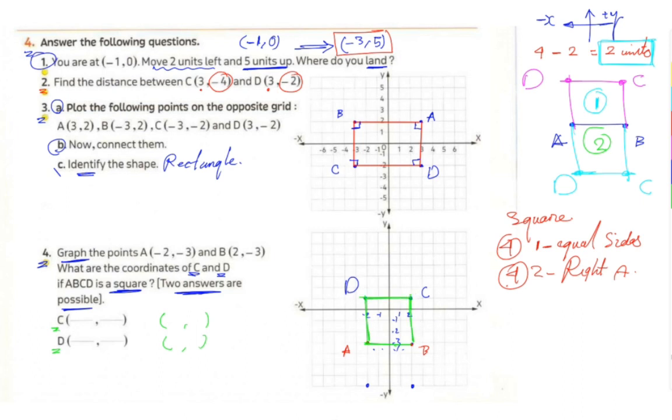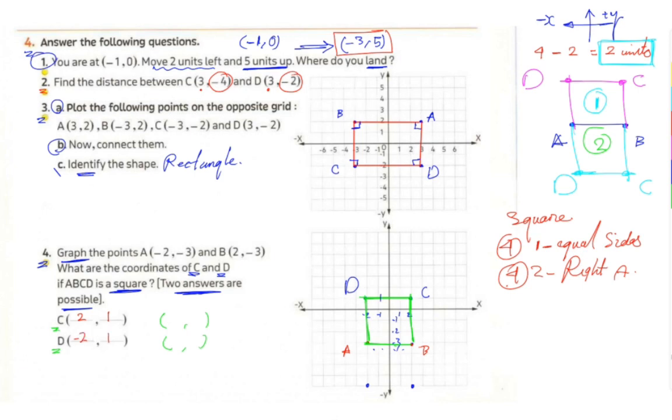What are the coordinates here? We have 1 on the y-axis and 2 and negative 2 on the x-axis. So C is (2, 1) and D is (-2, 1). That's the first possibility.